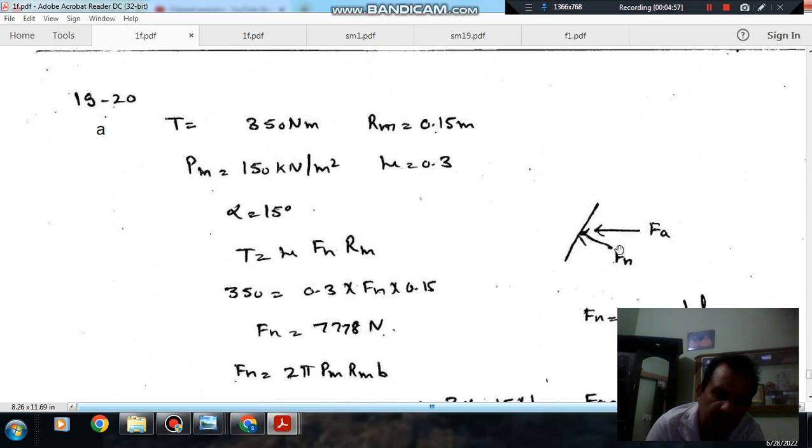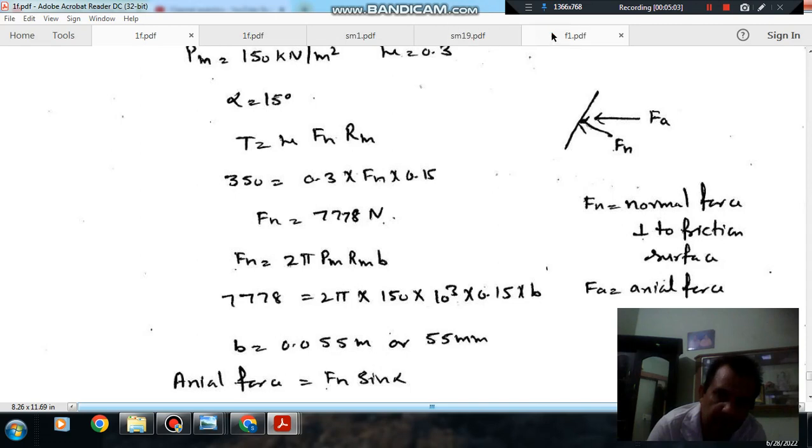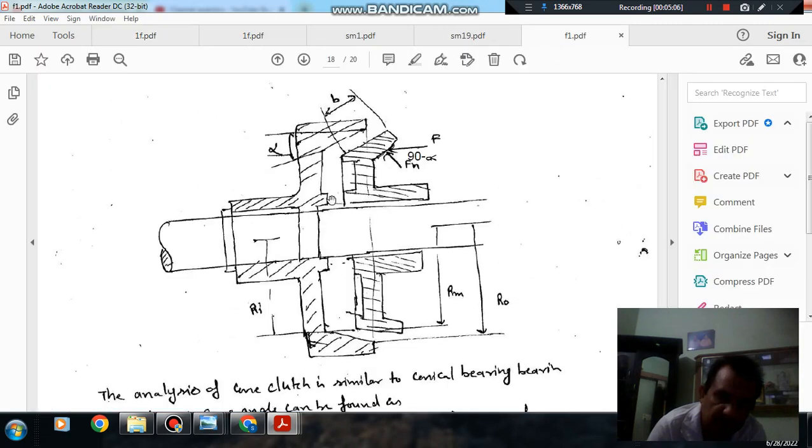This force is in the axial direction, and the spring is also in the axial direction. So it will remove the contact of the plates.